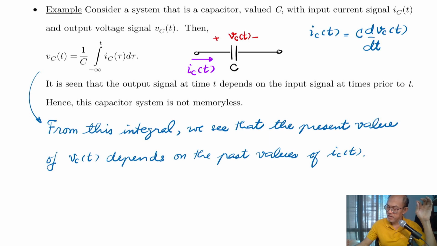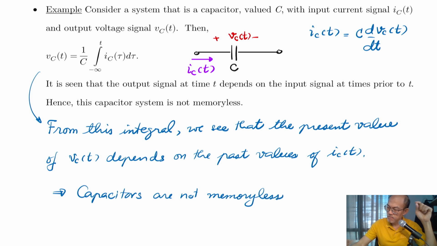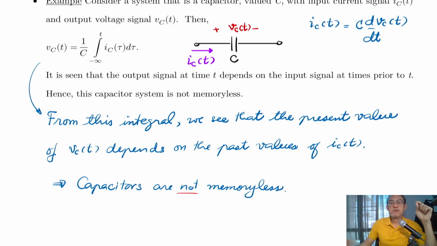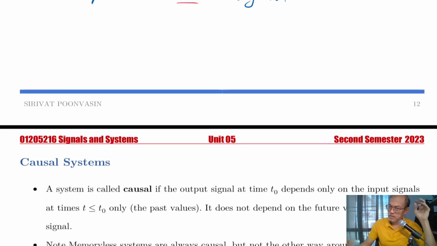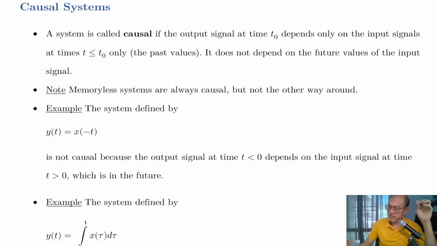Therefore, this capacitor is not memoryless. They are not memoryless devices because they have memories, right? To be memoryless, the output has to depend on the present input only.